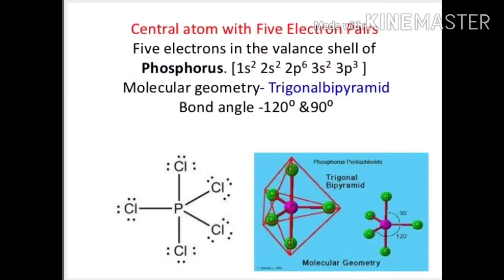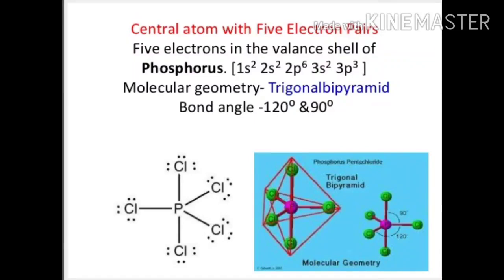The last example is phosphorus pentachloride. In this molecule, phosphorus is the central atom and 5 chlorine atoms are surrounding atoms. In this molecule, there are 2 types of chlorine atoms.